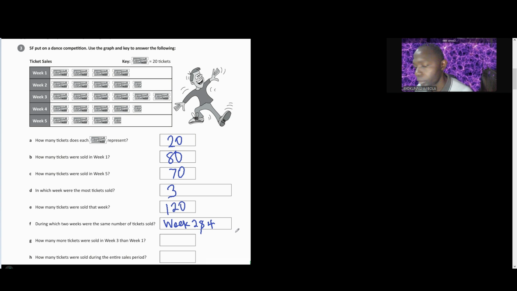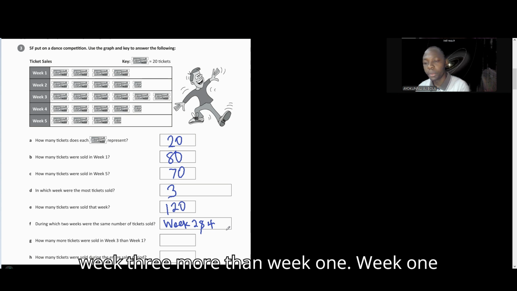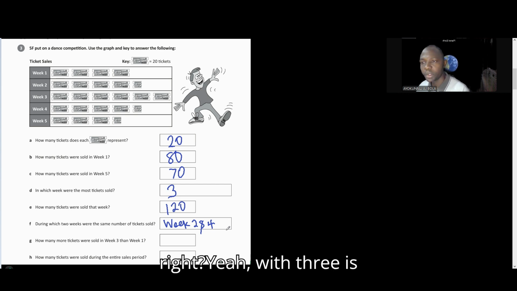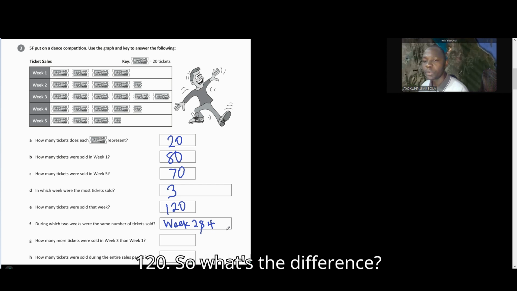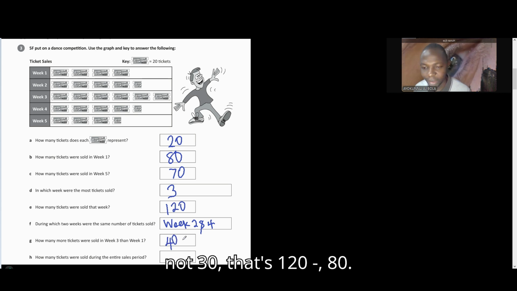I'm almost there. 30. So you say week three is 30 more than week one. Week one is 80, right? Yeah. Week three is 120. So what's the difference? 30, 40. Not 30.